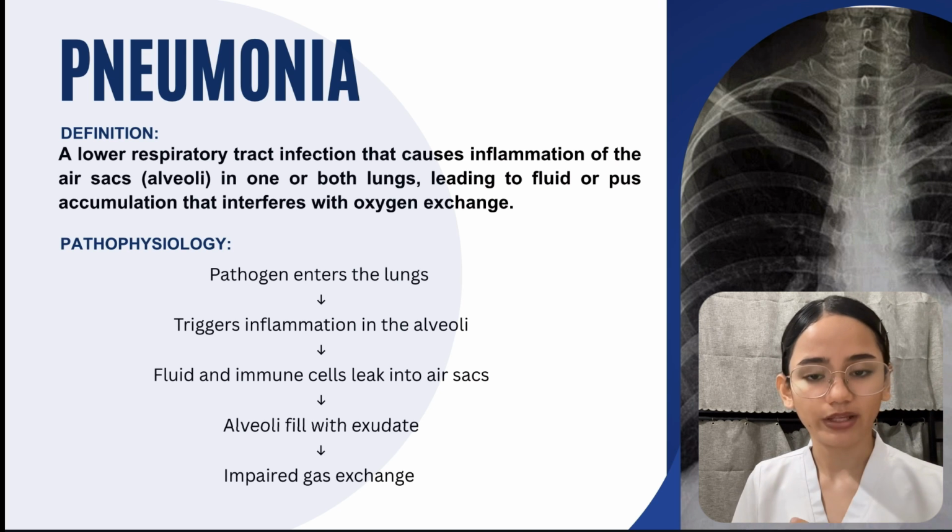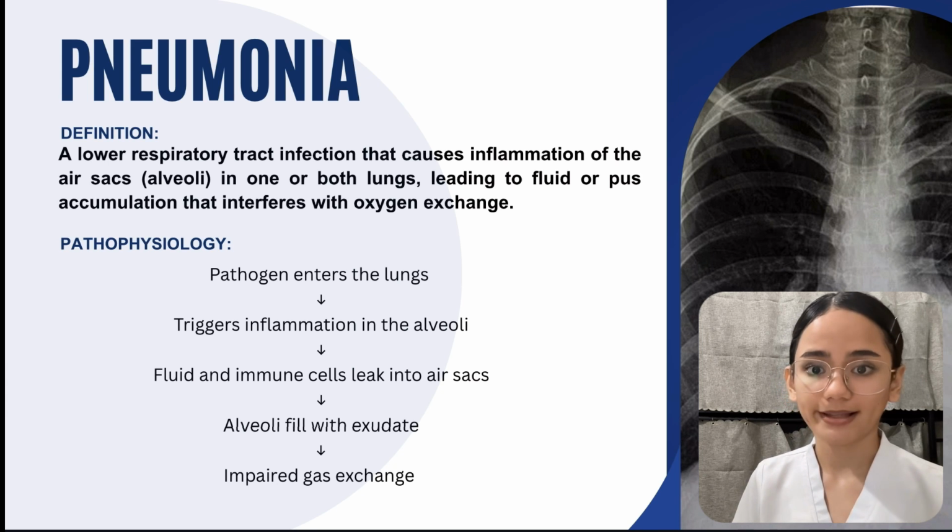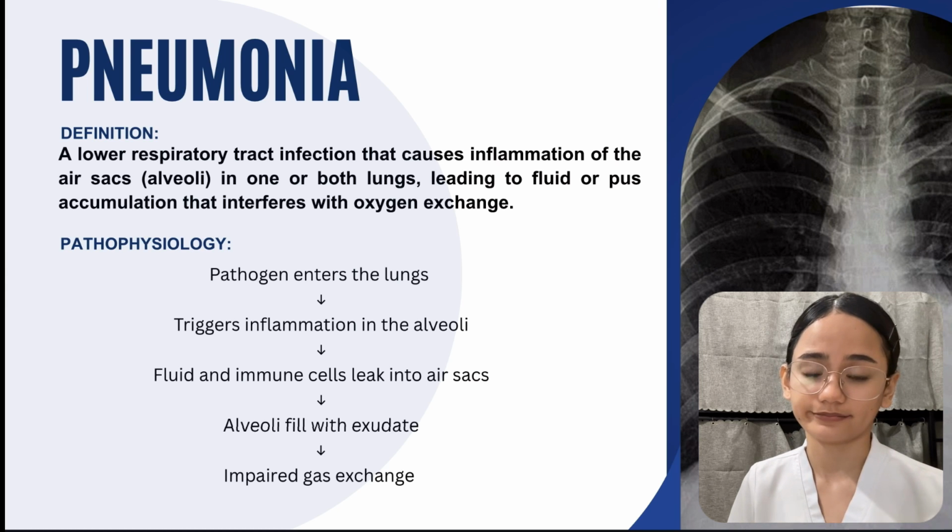This allows fluid, white blood cells, and fibrin to leak into the air sacs, forming thick exudate. Over time, the alveoli fill with pus, which is a process called consolidation, which blocks gas exchange. And as a result, oxygen levels drop, leading to hypoxemia and dyspnea, or difficulty breathing.